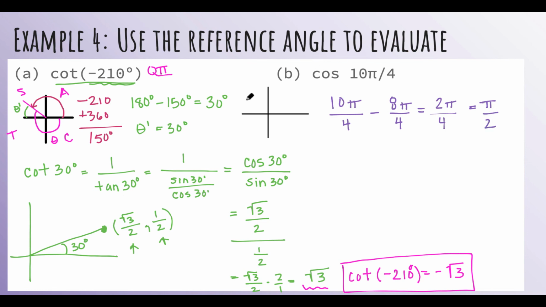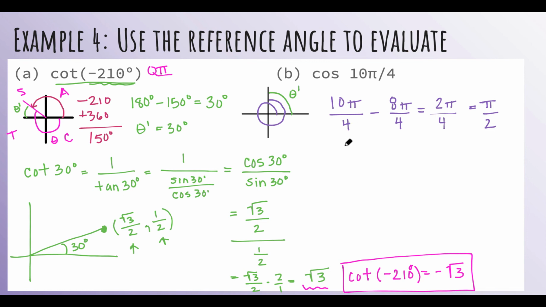So 10 pi over 4 is an angle that goes all the way around and then stops here at pi over 2. The reference angle then is just this pi over 2 angle. That's our reference angle, theta prime.